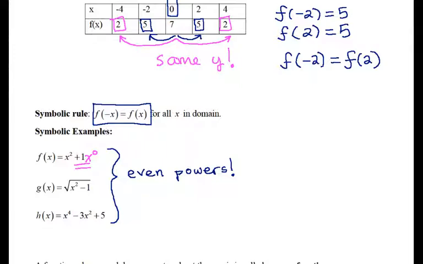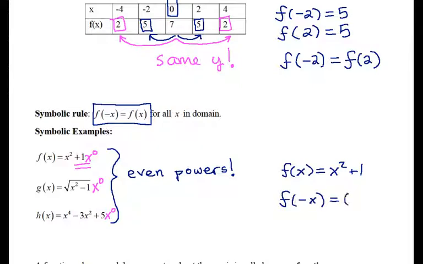So this is a rule for determining symbolically whether or not a function has that symmetry about the y-axis. The reason even powers have that kind of symmetry, as we can imagine, is that if we just take, for example, f(x) = x squared plus 1, we can say, well, what is f(-x) in this case?